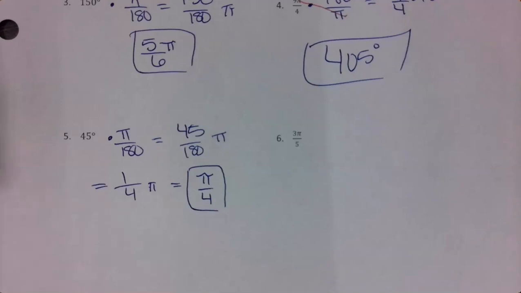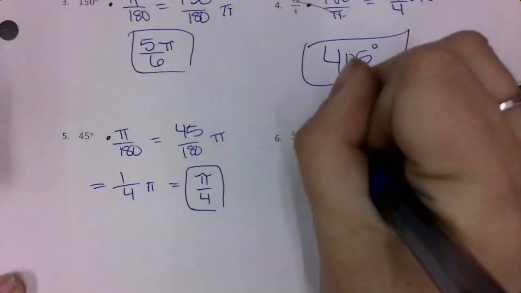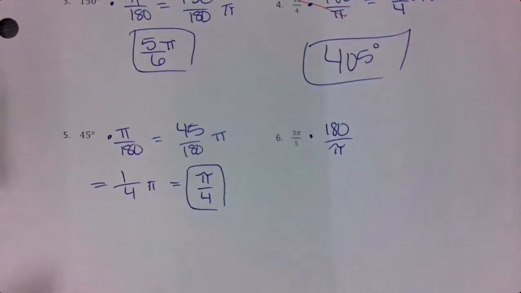Now, number 3 starts off with pi on the top, so I want to go ahead and multiply by 180 over pi. So on this one, the pi's are going to cancel out.